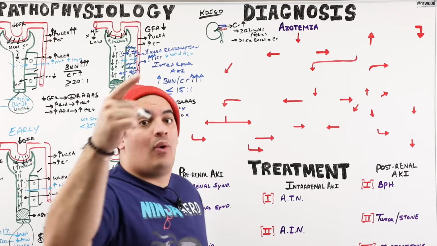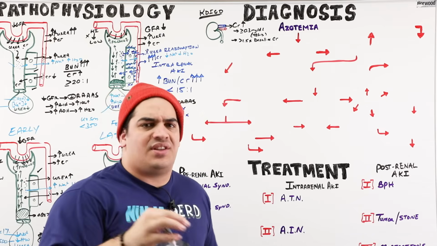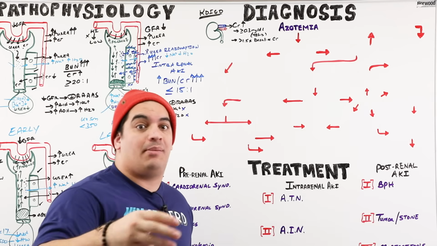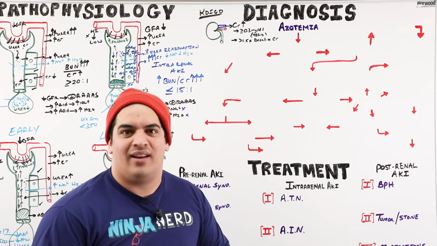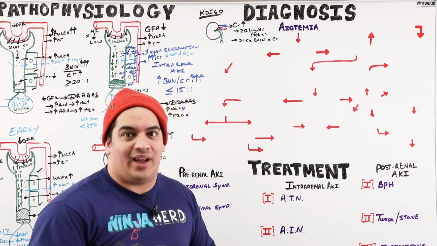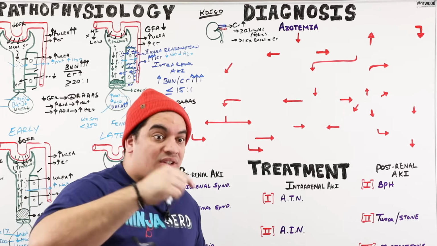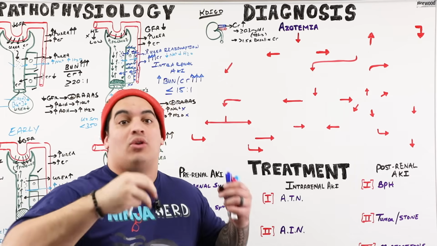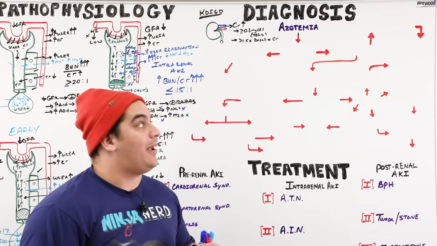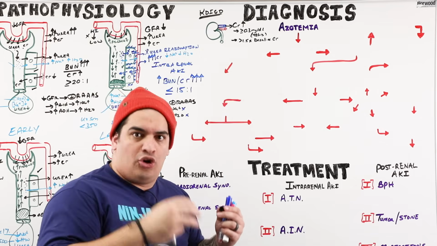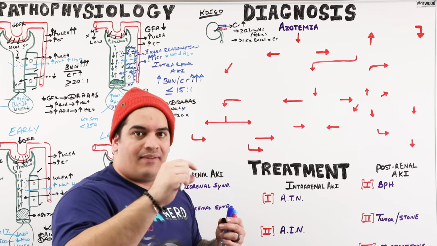And the higher you go up, the more severe it is. For example, if it's 1.5 to 1.9 times the baseline creatinine, it's kind of like a stage 1. And then if you go to 2 to 3, and then greater than 3, the more times the baseline creatinine goes up, the more severe the AKI, okay? So generally we say 1.5, greater than that at least, you have at least a stage 1.